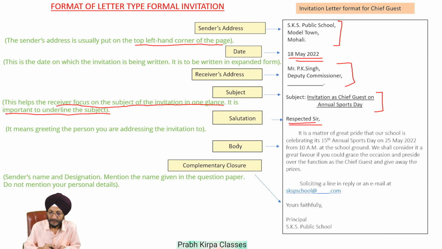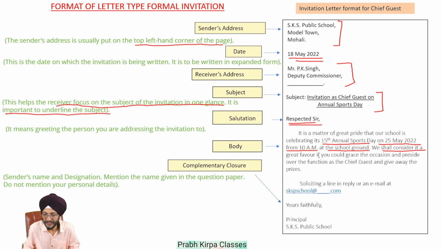Body means what you want to convey: when the particular function will be held, what is its venue, why it is being held. So here we have written that it is a matter of great pride that our school is celebrating its 15th annual sports day on 25 May 2022 from 10 a.m. at the school ground.